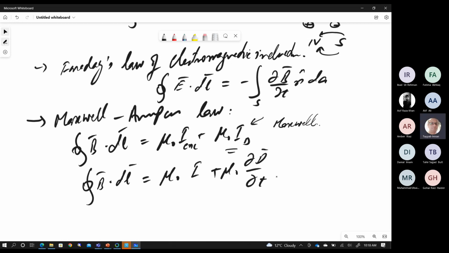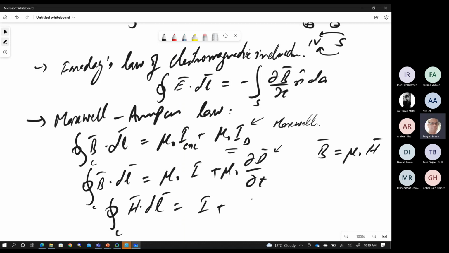You remember that article, so you can understand this was introduced. So we know already B is equal to mu H. Further, we are dealing with the closed surface, so you have to write a circle here. So if we write this equation like this, then it will be.